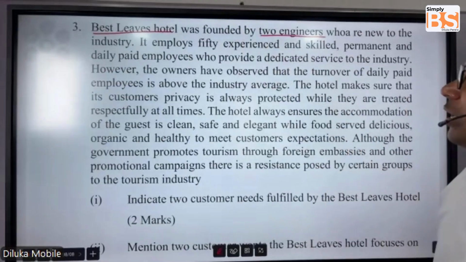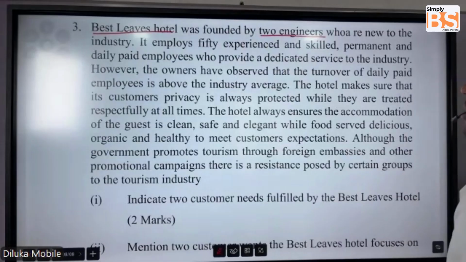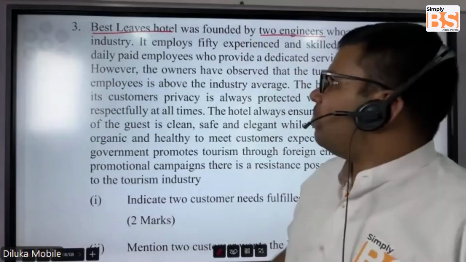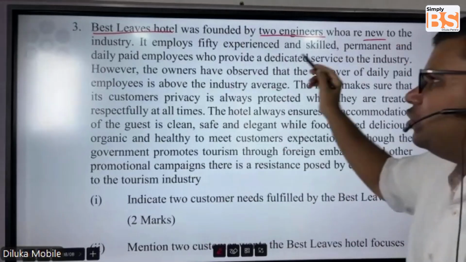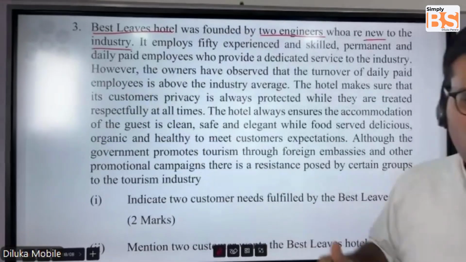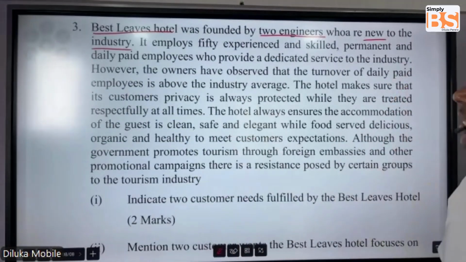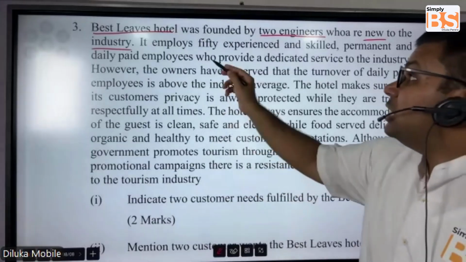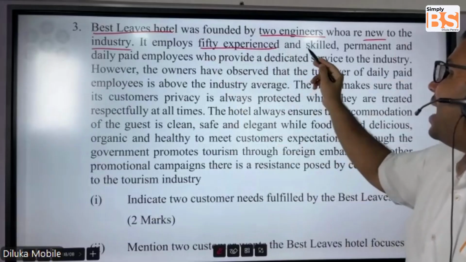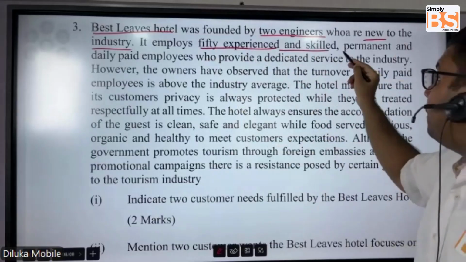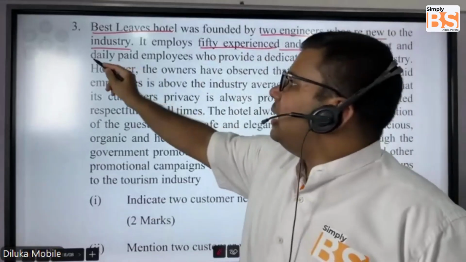They have founded the company called Best Leaves, and they are new to the industry. Engineers, right? They might not know much about business, and they are new to the hotel industry as well. It employs 50 experienced and skilled permanent and daily paid employees.